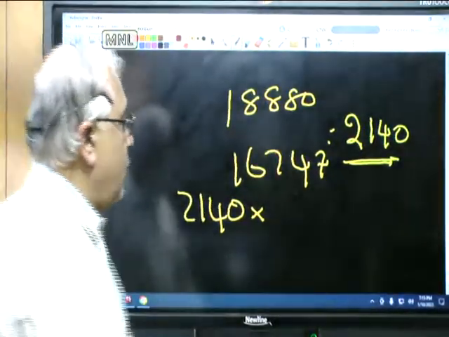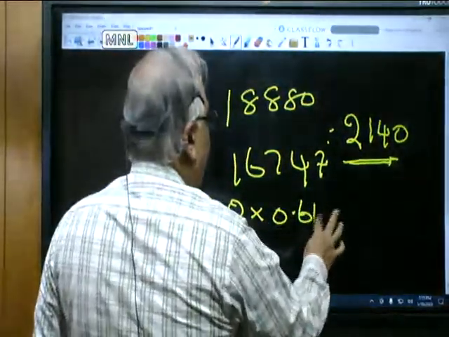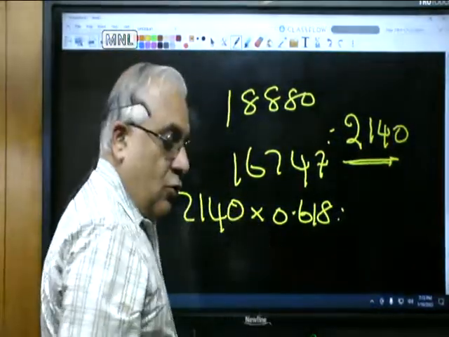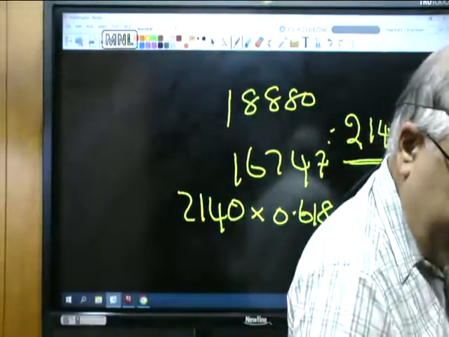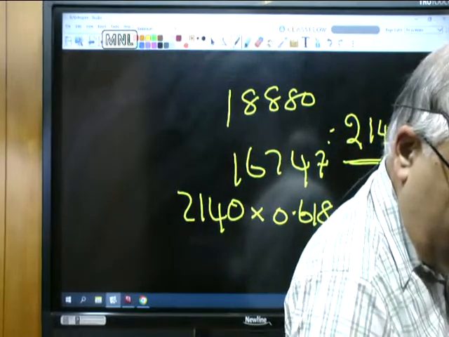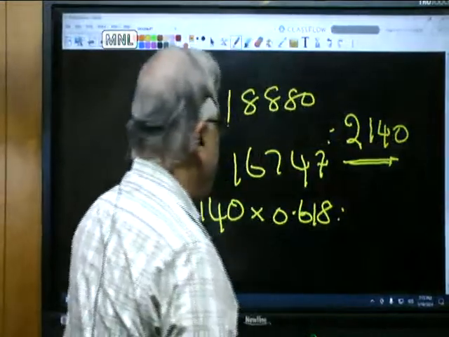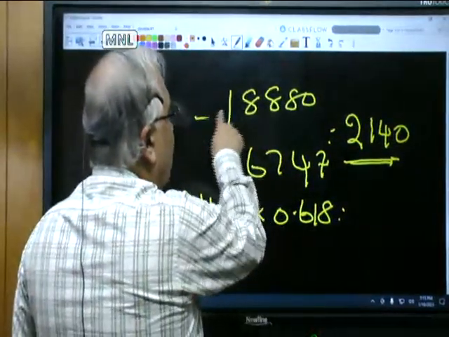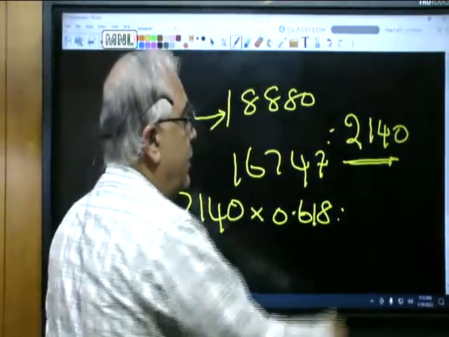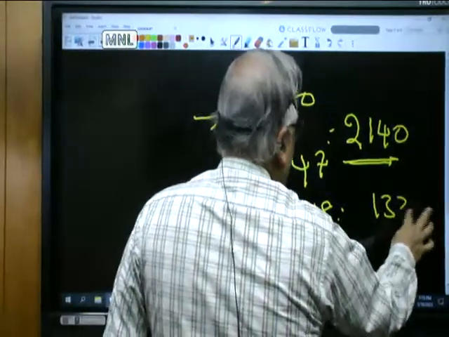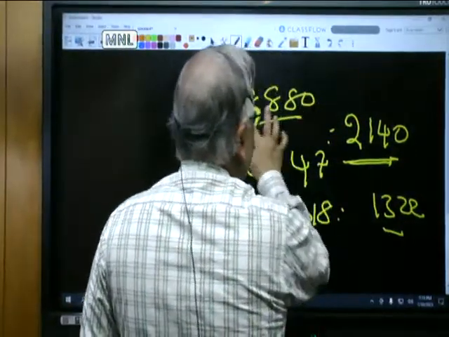So what is 61.8% of retracement? It is 2,140 into 0.618. It is 1,322 points of retracement from this level.